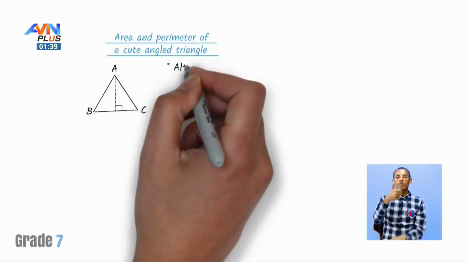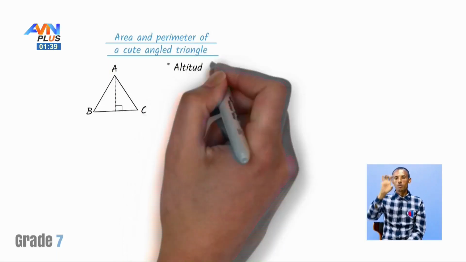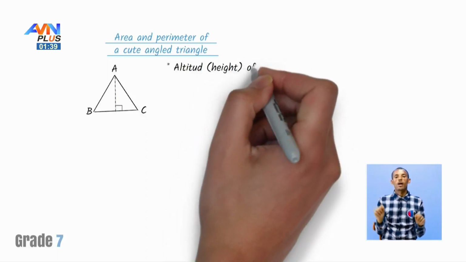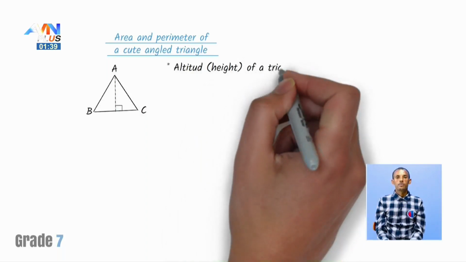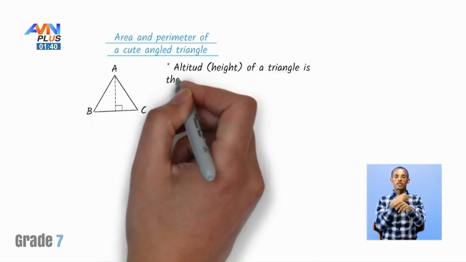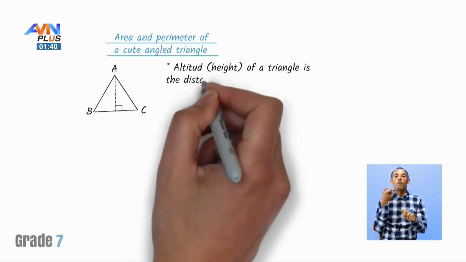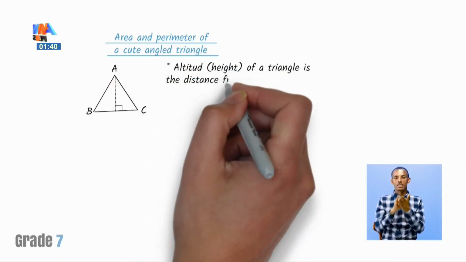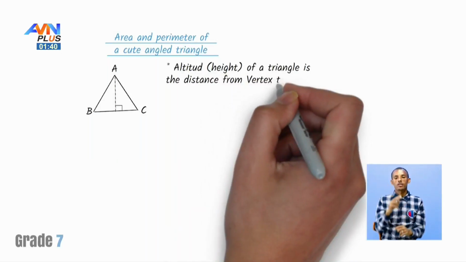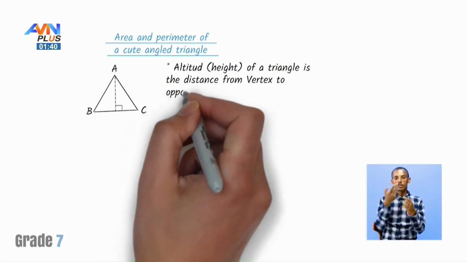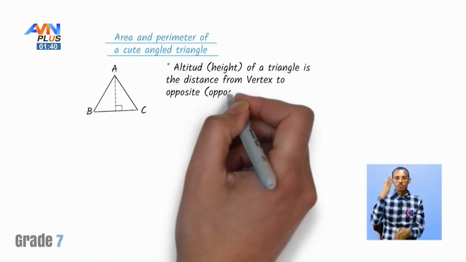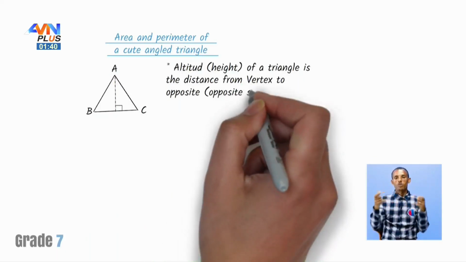Altitude or height of a triangle is the distance from a vertex, that's a perpendicular distance, to the opposite side or opposite side extension.